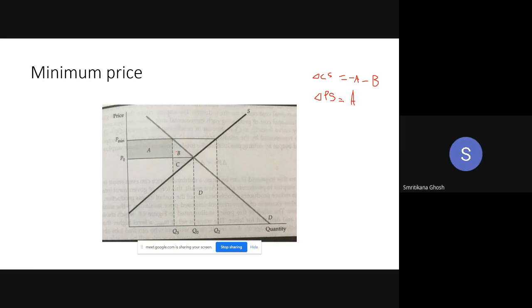But before that, look, initially producers are selling Q naught. Now they are selling Q3. So if you compare Q naught and Q3, you can find some change of producer surplus. Can you tell me whether this area is a gain or loss?